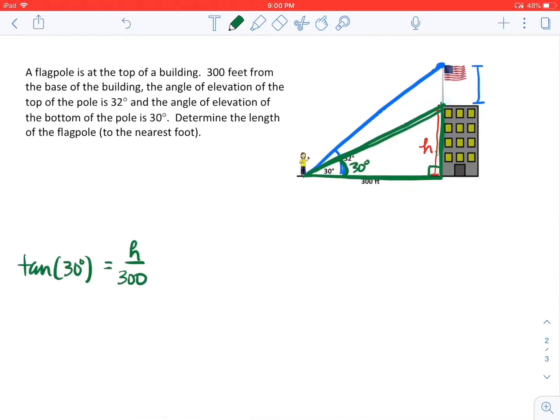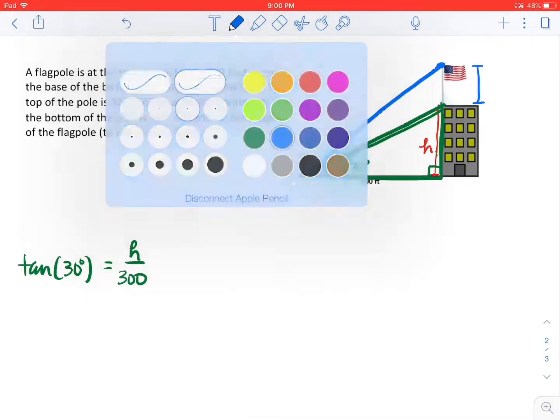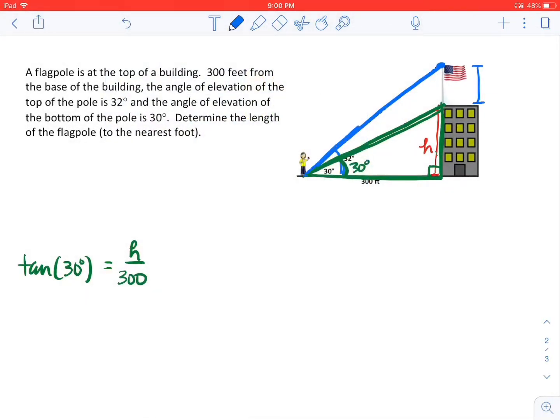On the flip side, I can set up another equation using the larger blue triangle, noting that that entire angle here, that blue outline one, is 32 degrees, this entire angle. It's hard to draw that in.